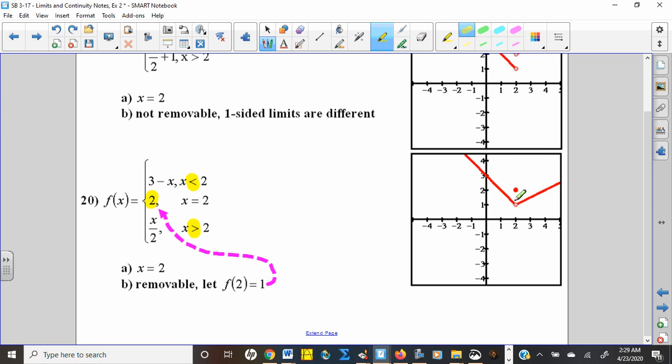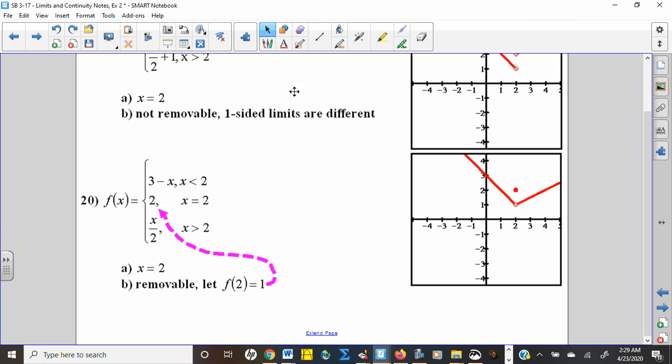And so you can see it creates a removable discontinuity, or hole, right? A hole is what causes a removable discontinuity at x equals 2. So that's what I would say for part A: there is a removable discontinuity at x equals 2. And part B says, is it removable or non-removable?